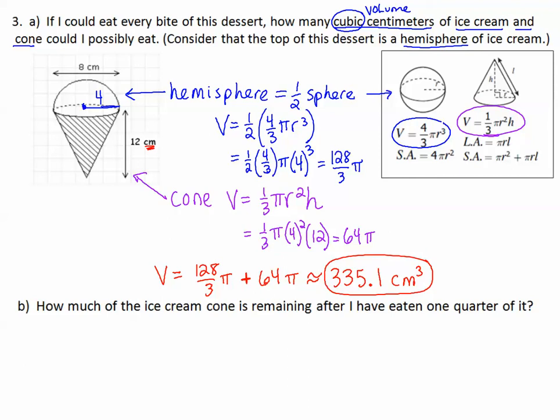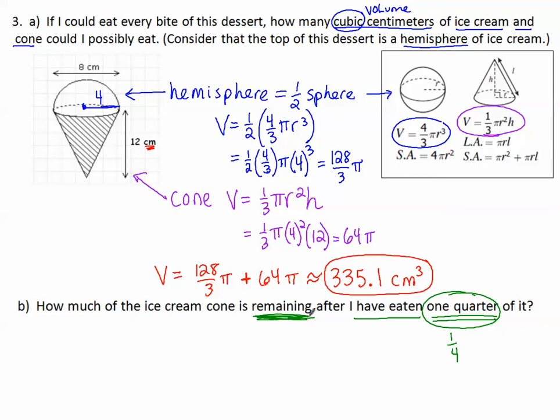Now part B asks, how much of the ice cream cone is remaining after I have eaten 1/4 of it? I want to know how much is left after I've eaten 1/4.